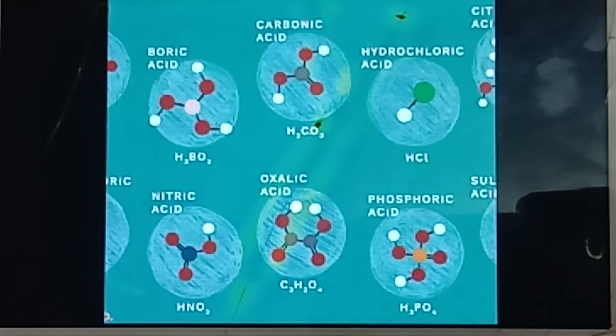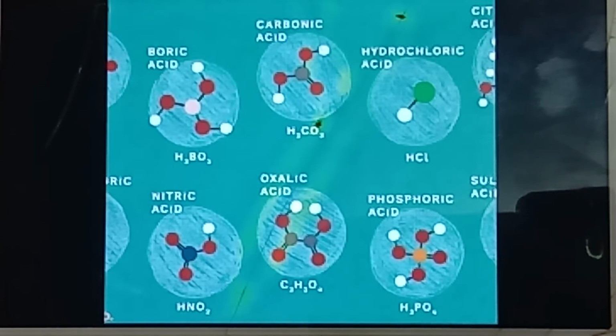When dissolved in water, hydrochloric acid gives hydrogen ion plus chloride ion. So, in the formula, HCl gives H plus and Cl minus.